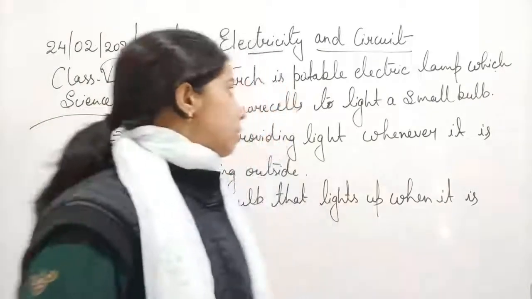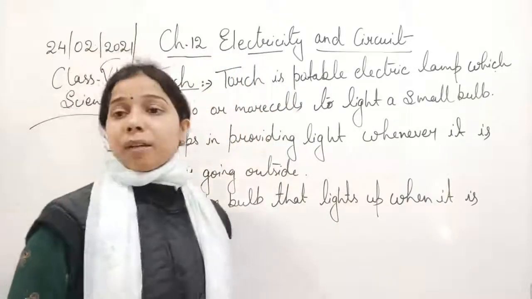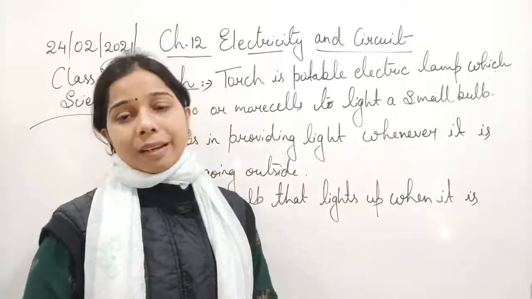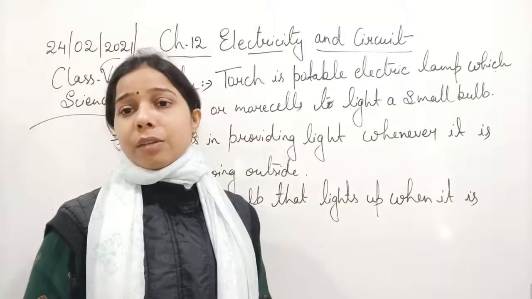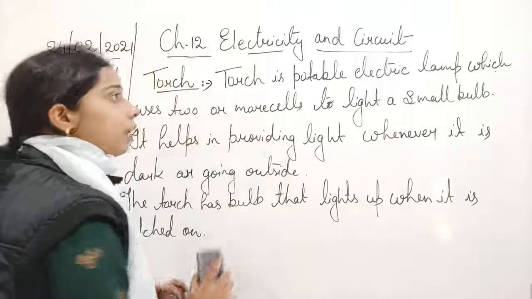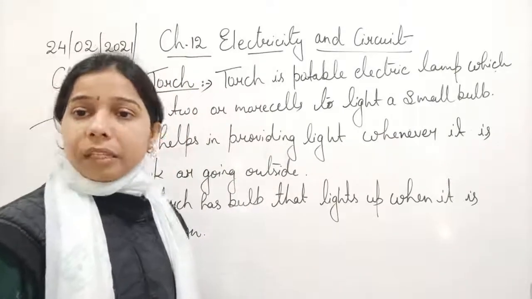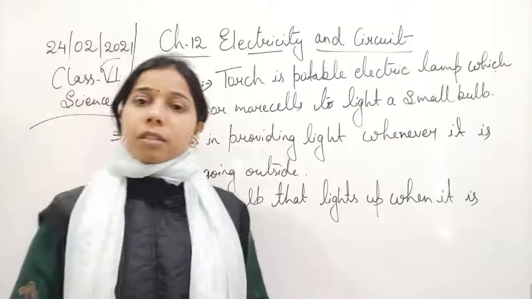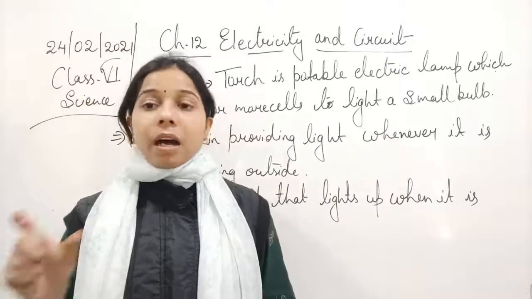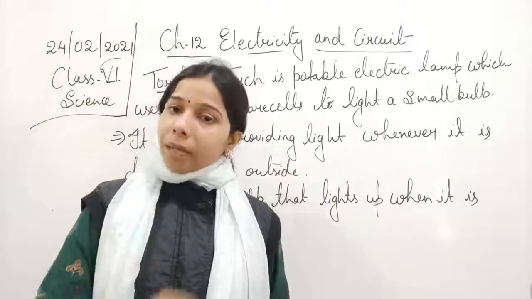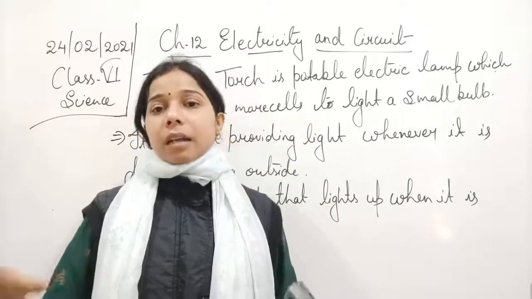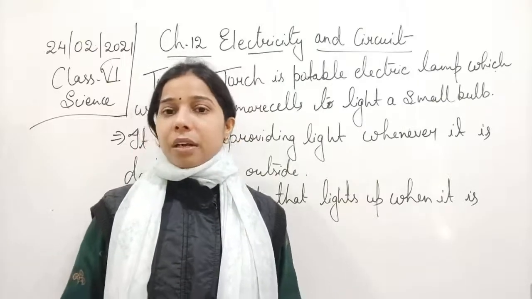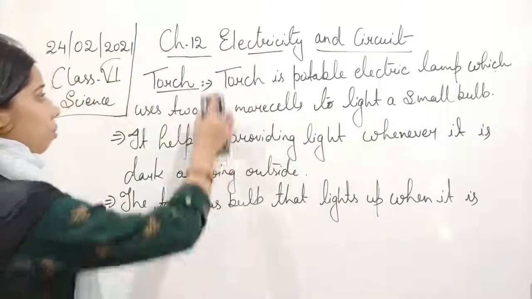Okay, now let us try to understand what kind of electric circuit there is in the case of the torch. Basically, the torch consists again of a very simple circuit. It consists of two or more cells, a switch, and a torch bulb, and these are connected with each other, and finally the bulb will glow.